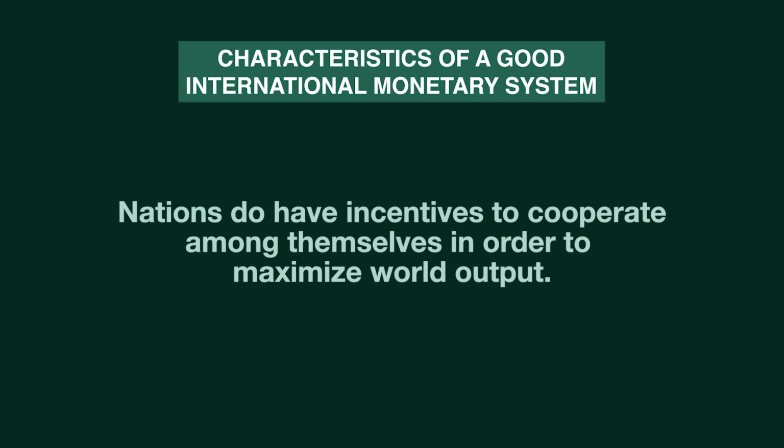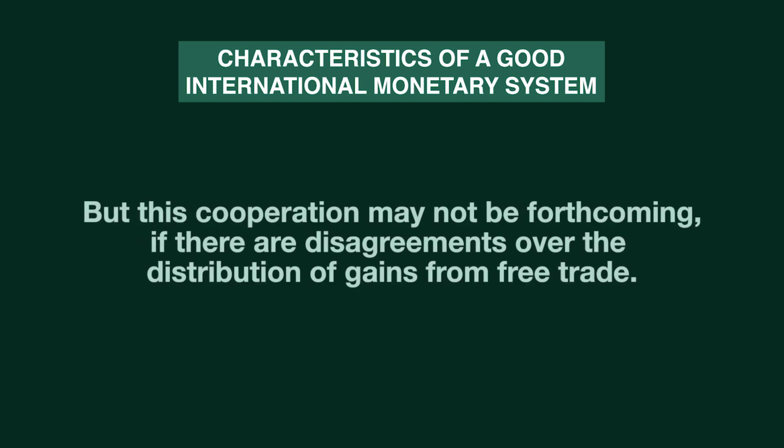Nations do have incentives to cooperate amongst themselves in order to maximize the world output. But this cooperation may not be forthcoming if there are disagreements over the distribution of gains from free trade.